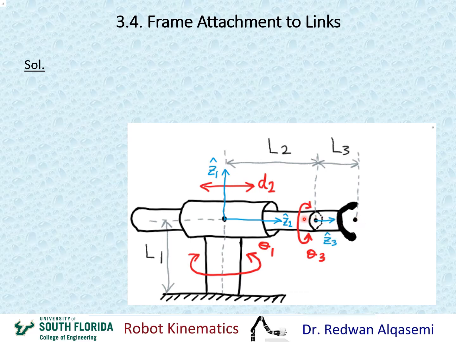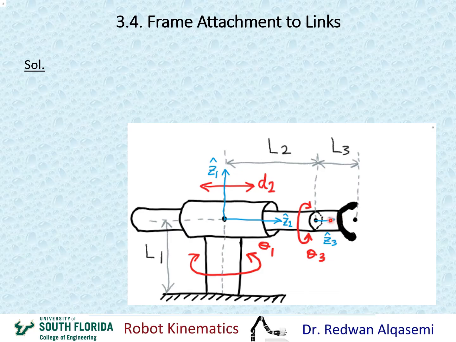All these Z's, Z1, Z2, and Z3, can be drawn in either direction. I can put Z1 upwards or downwards, I can assign Z2 to the right or to the left, and I can assign Z3 to the right or to the left as well. Your choice. It doesn't make any difference. But consistency is important. If I put Z2 in this direction and Z3 in the same direction, that means I'm eliminating a twist angle.